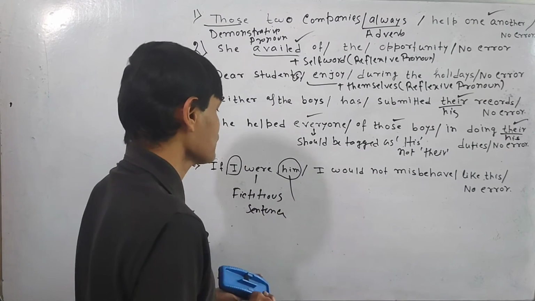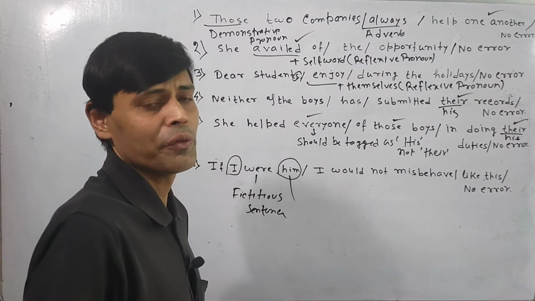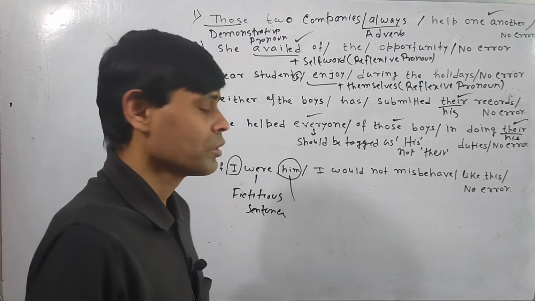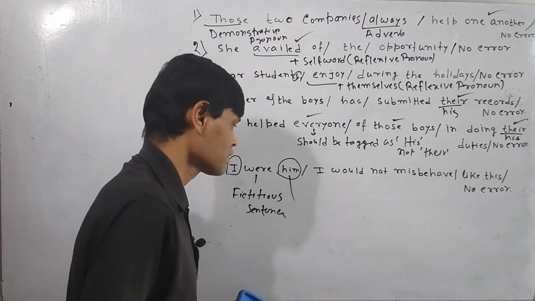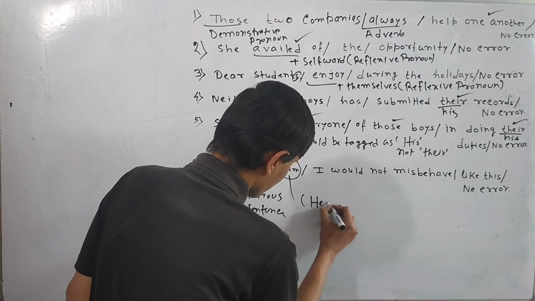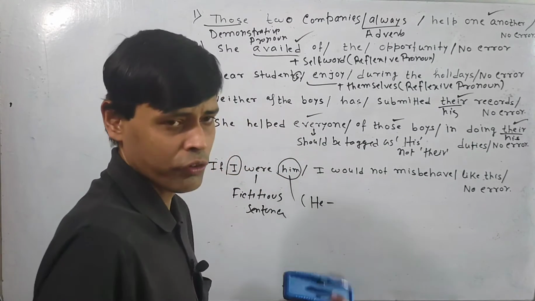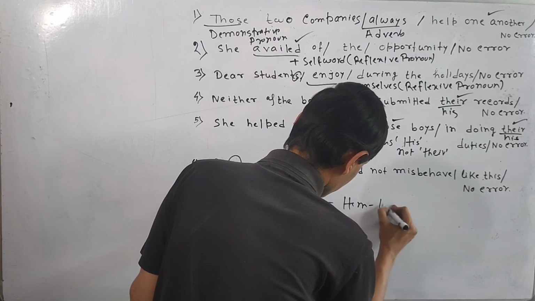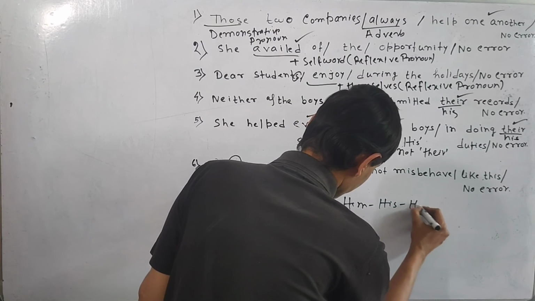So whenever him is functioning here, if I were you, if I were Sachin Tendulkar, if I were he, it should be like this, that instead of him, he should be written. As he has four forms: he, him, his, his.